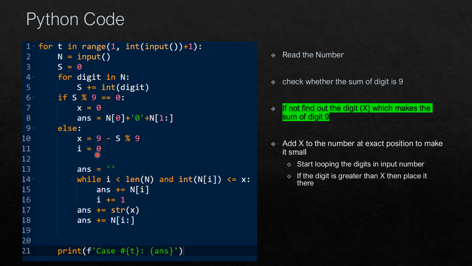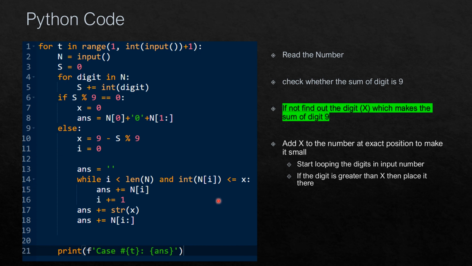After that, loop through all these numbers to check whether each is greater than x. If it is less, then consider that number itself. But when it becomes greater than x, exit the loop, add that particular x value, and then add the remaining values. And that is your answer.